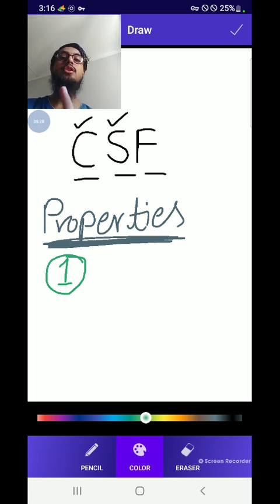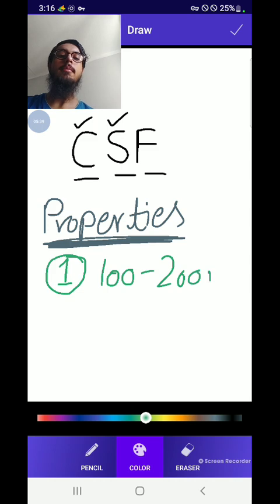Inside the ventricles of the brain, there is 100 to 200 ml of CSF.